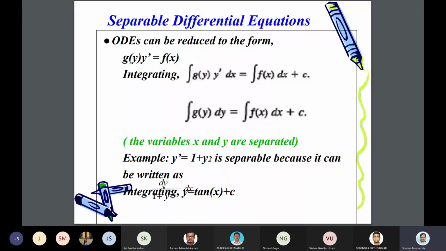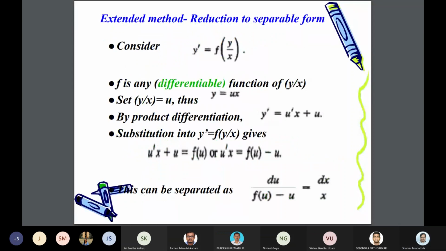So let us extend this method that we have talked about by integration. I have a function of y by x. Suppose the derivative on the left hand side is f of y by x. I'm not saying all equations can be put in this form. Some of them, if they are put in this form, there's a trick.